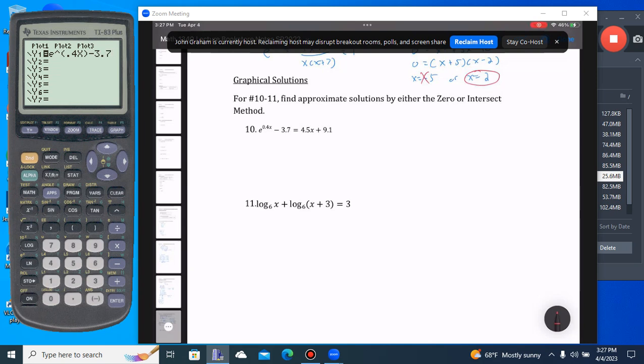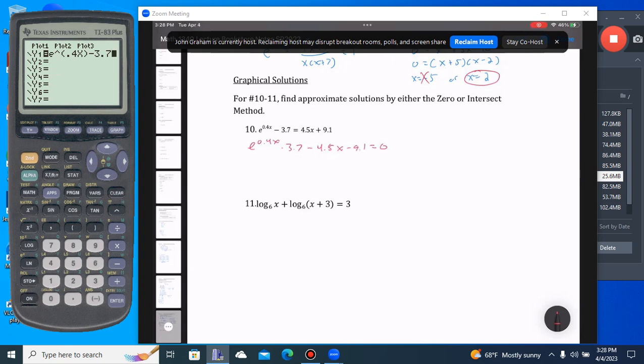And what you can do is you can actually make this so it's a little easier. You can either set each side equal to y1 and y2 and find the intersection, or what I want to do is I'm going to subtract the 4.5x and then minus 9.1, so it's equal to 0.